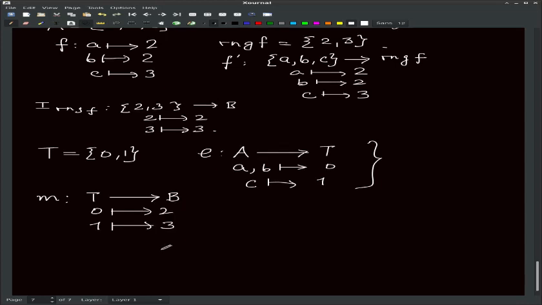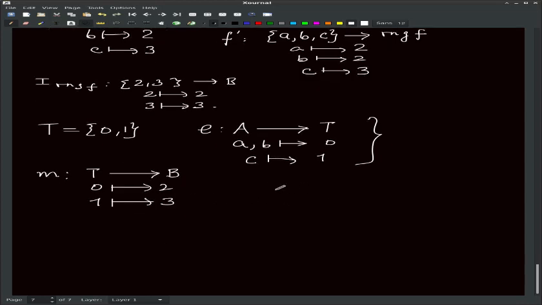So you see the obvious bijection, which takes 2 to 0 and 3 to 1. That's exactly your bijection.